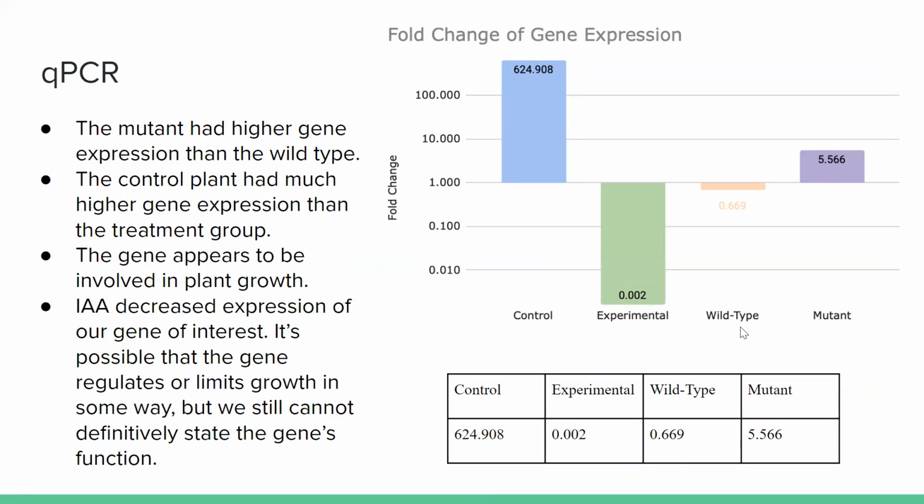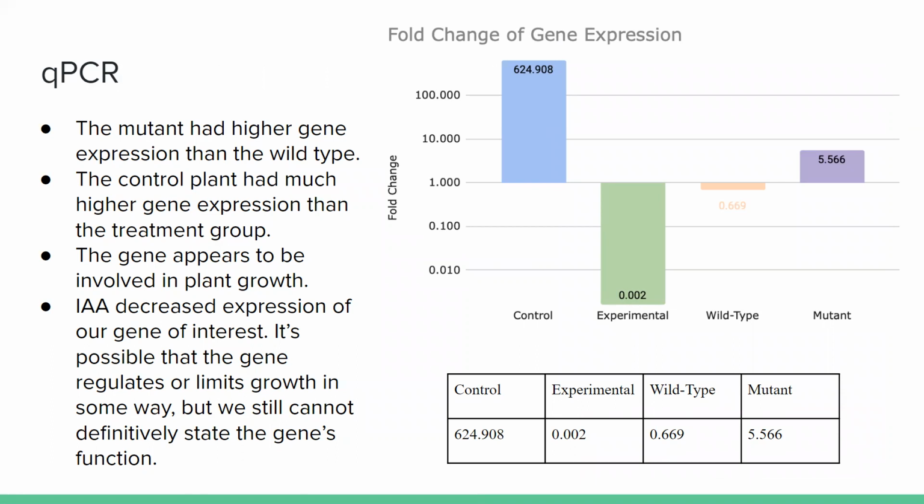From our qPCR data, we know that a high CT value traditionally means low gene expression. However, since the CT value alone does not tell us sufficient information about the expression, we ran some statistical analysis on the data, which is presented in the slide. The mutant had higher gene expression than the wild type, and the control had a higher gene expression than the treatment group.